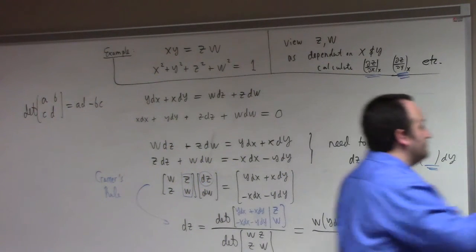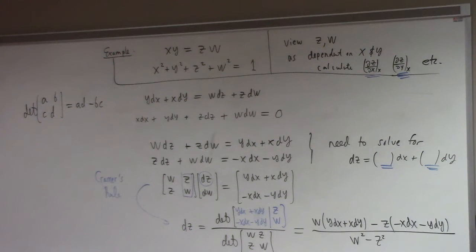So anyway, cleaning things up, we get dz is equal to, for my dx, what do I got? I've got wy plus zx from the dx terms, divided by w squared minus z squared, dx. Then plus, parentheses, my dy's.